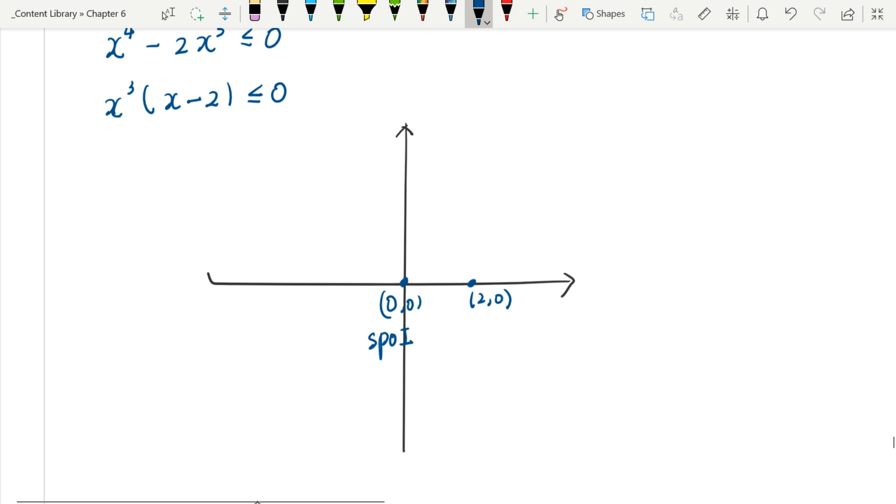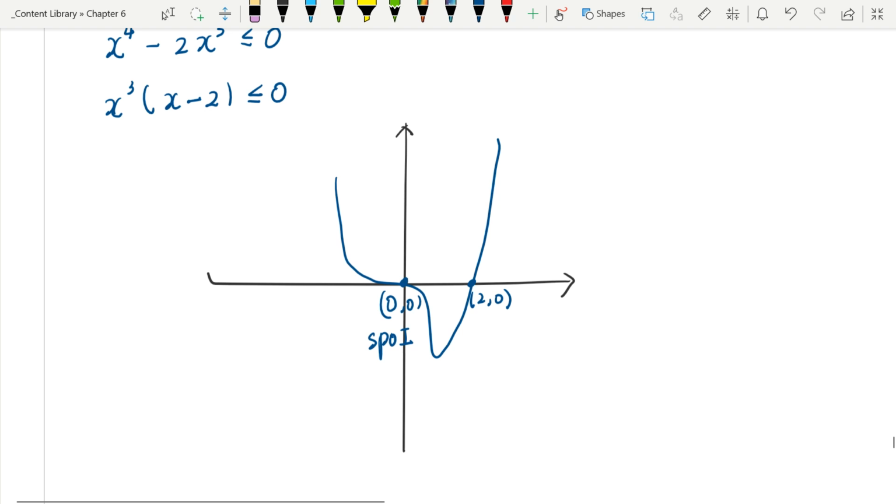So the graph will go through that point, and I need to go back to this point. But this point is a stationary point of inflection. So the shape will be like that. It still passes through (0, 0), but it twists a little bit at the point (0, 0). So it becomes a stationary point of inflection.